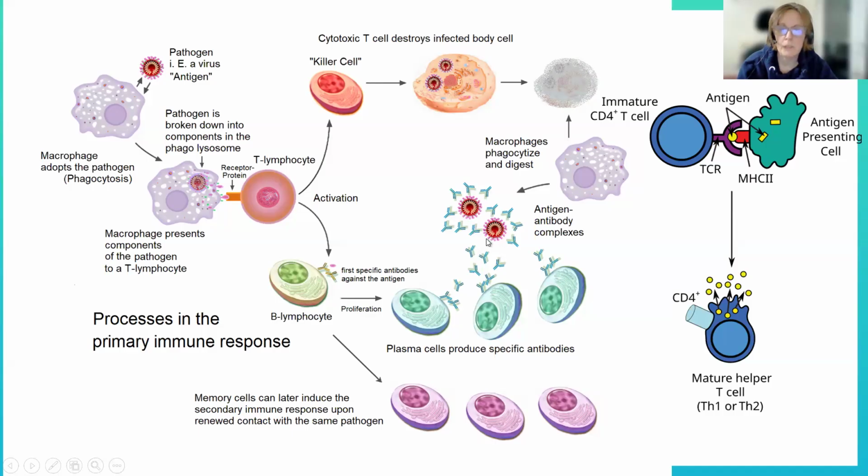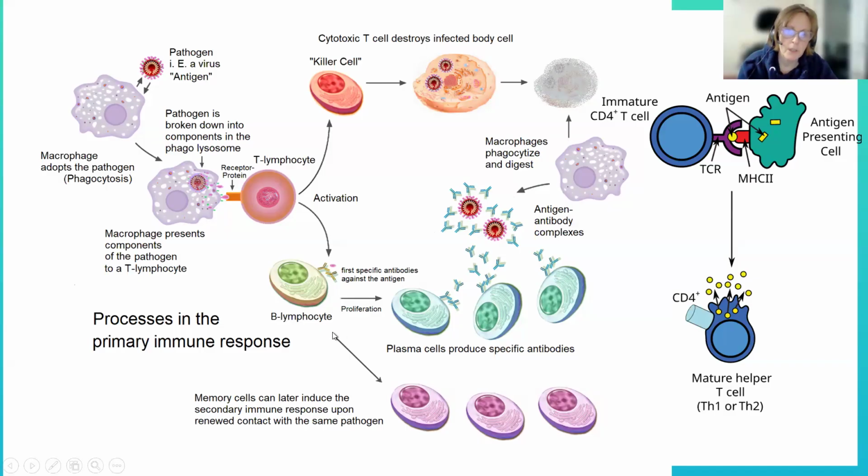These will stick to the surface. They help to identify the invading pathogens for destruction. They help to flag them up and they help to clump them together. So that speeds up the ingestion and destruction.